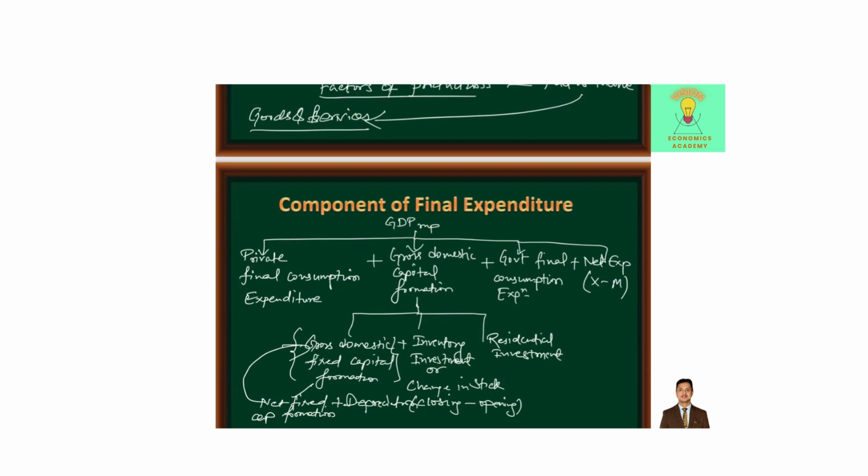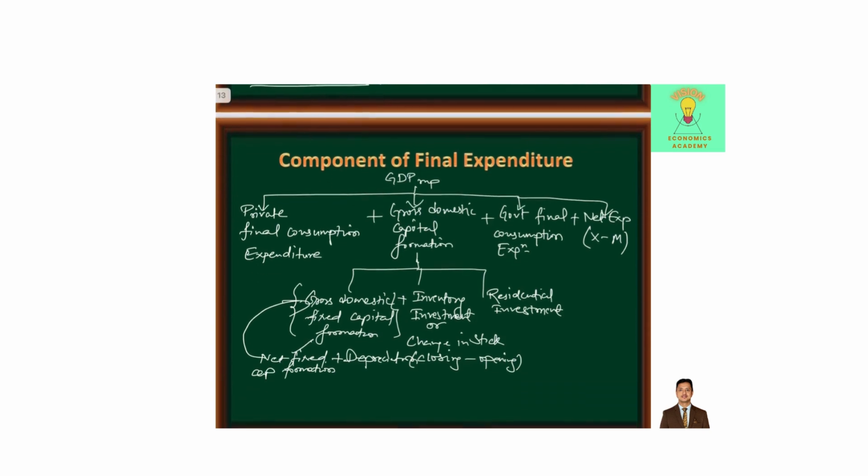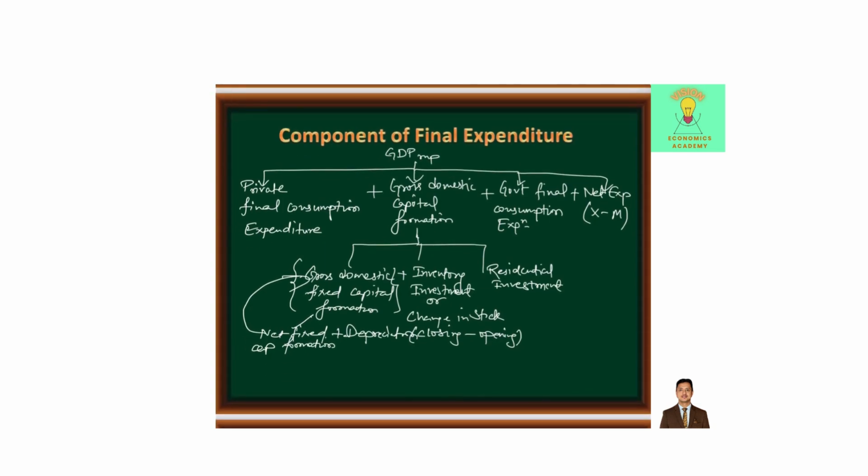So these are the components of final expenditure. By adding all this, we get GDP, and once we get the GDP, we know what we have to add, what we have to subtract, and whatever the question has asked us to find out, we can find that out, right?